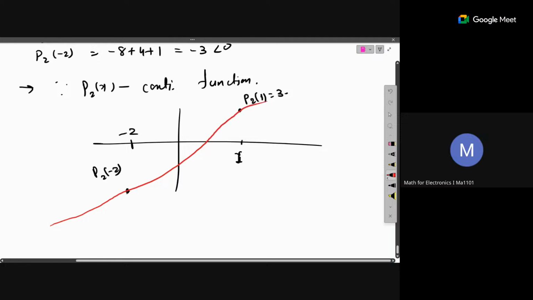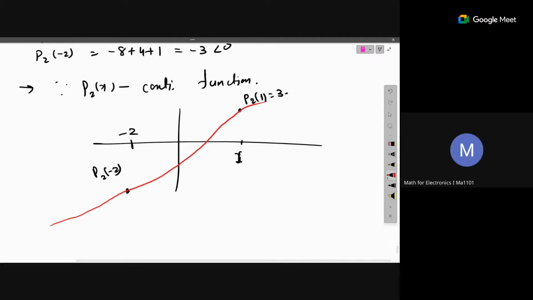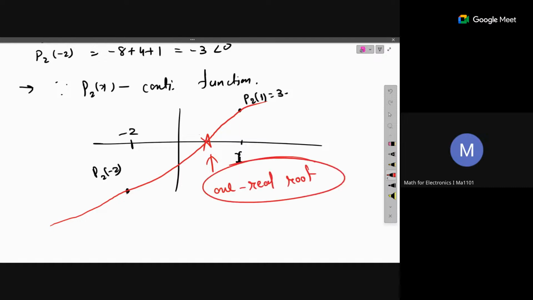Am I right or not? So we know that there will be one real root. This is guaranteed for us.